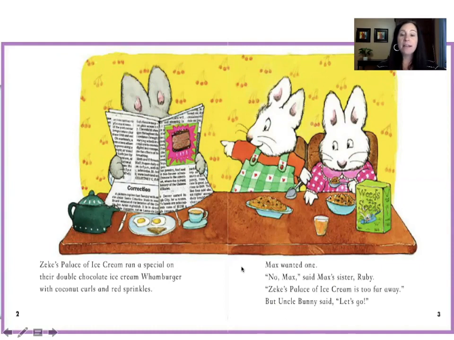So I already have learned some things in our story. The author has told me the characters' names. We have Uncle Bunny, we have Max, and we have Ruby. And I know that the setting in the beginning of the story, they are in the house. And I know that because I see a table.